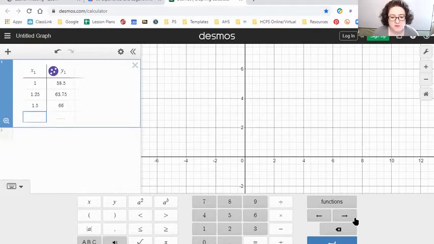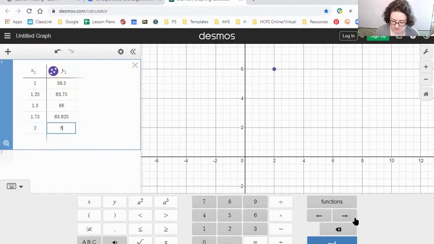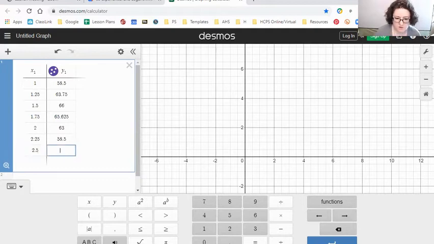And again, I'm on a touchscreen computer, so I can actually just click on the space that I want to type into, or you can use your arrows on your keyboard as well. We had a 2 and a 63. We had a 2.25 and a 58.5. And then our last value was 2.5 with 52.5.